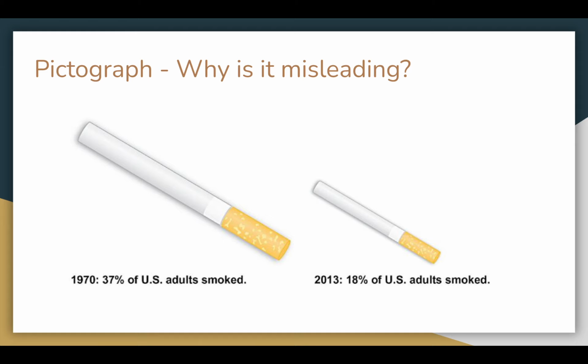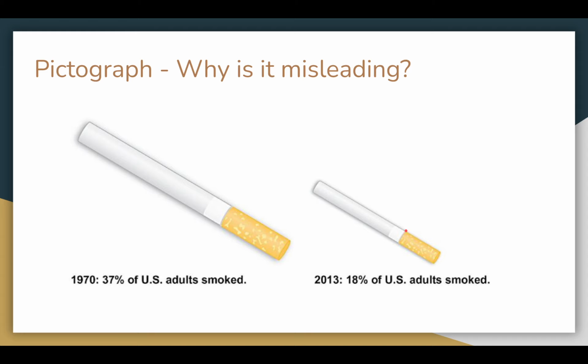So one thing is if you look at these pictures, you would think it went from everybody smoking to nobody smoking. And while it did decrease, the decrease wasn't even a 20% decrease, and the size of the smaller cigarette is way less than even half.